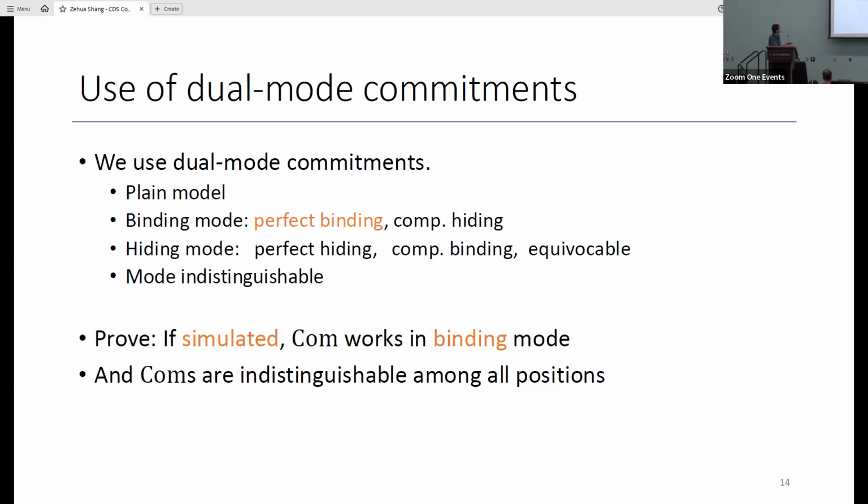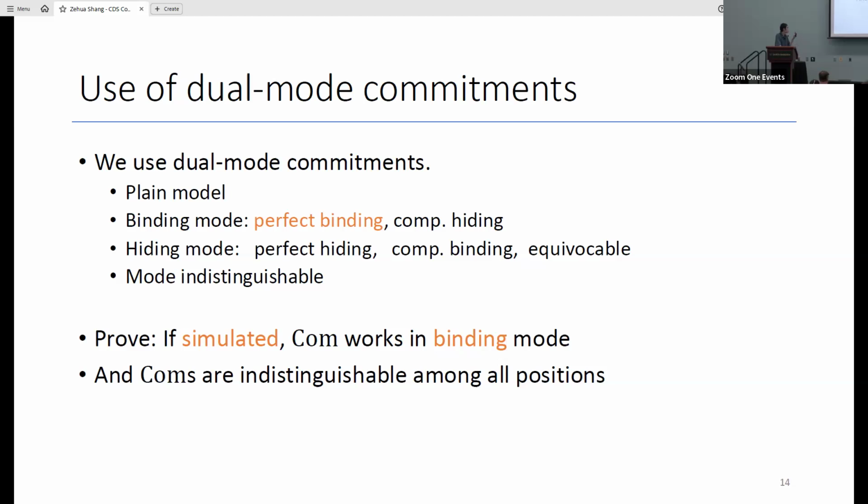In fact, we use dual mode commitments. Such a commitment can be constructed in the plain model from, for example, the DDH assumption. In binding mode, it can have perfect binding properties. And in hiding mode, it is equivocable, and it has mode indistinguishability.